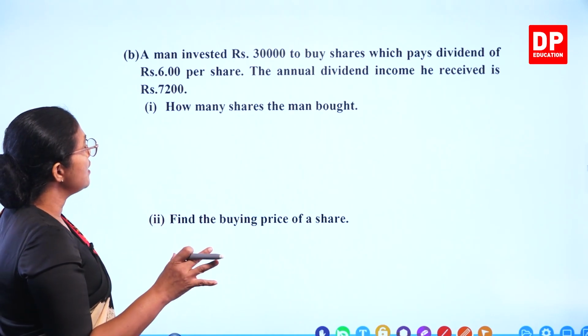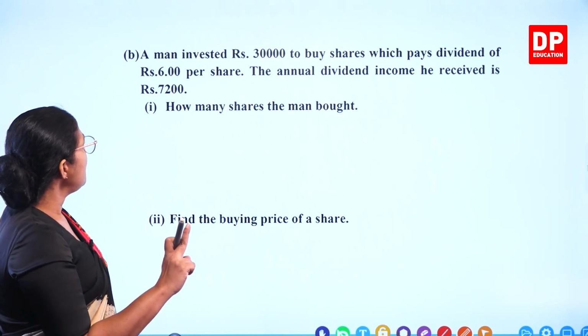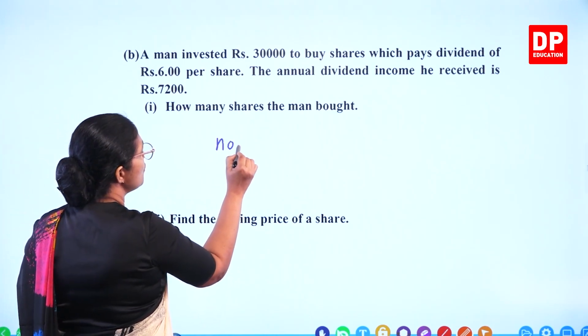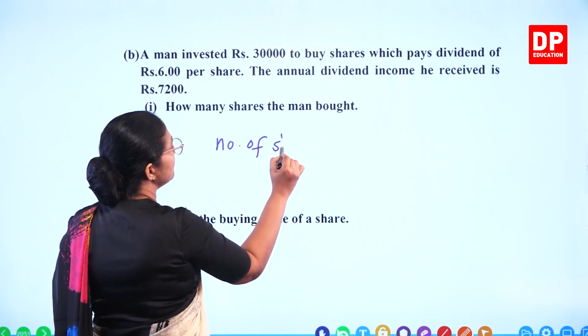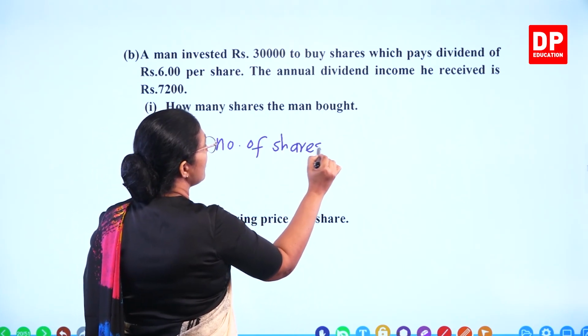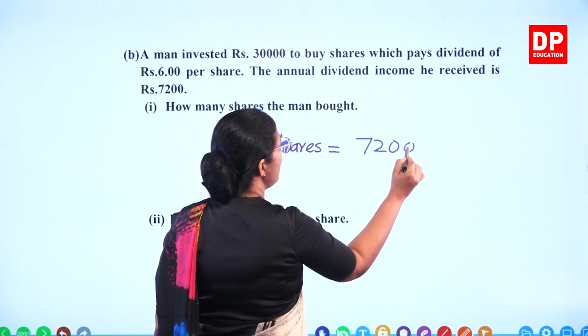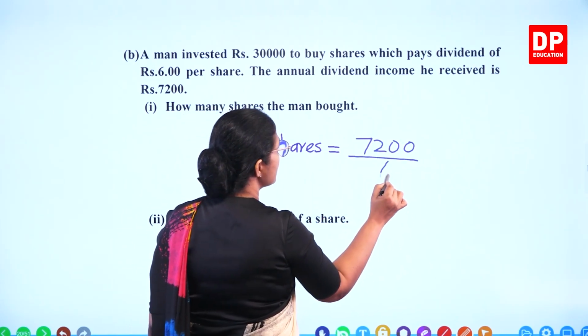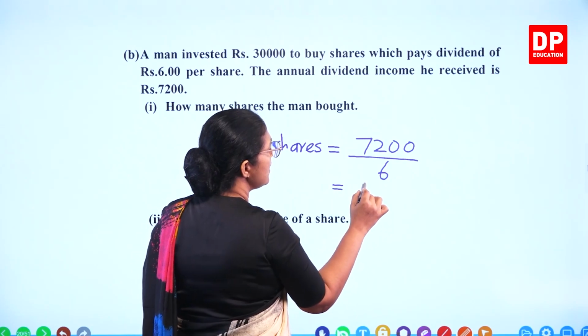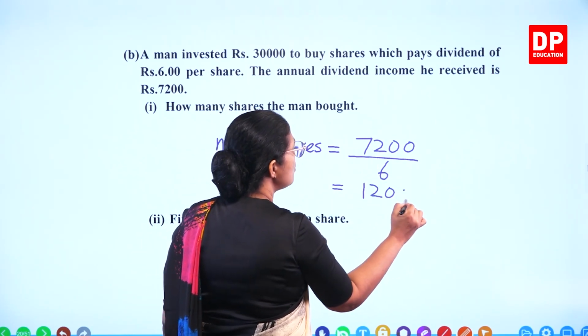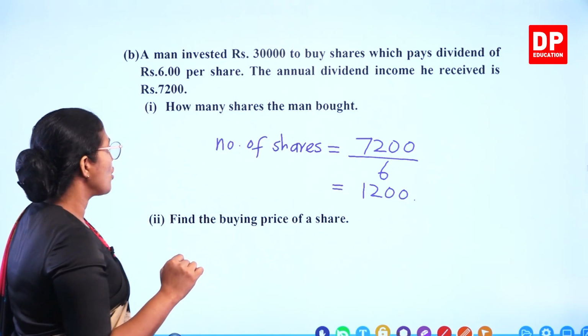We know dividend income and dividend per share, so easily you can find out number of shares using that. Total dividend income is 7,200 and each one is 6 rupees. Divide by 6, you get number of shares. 1,200 shares he bought.